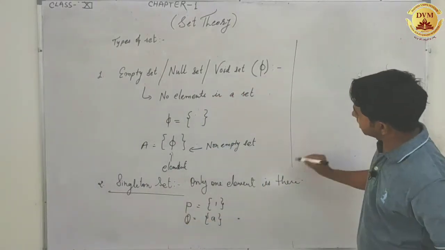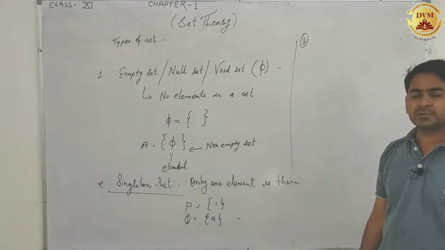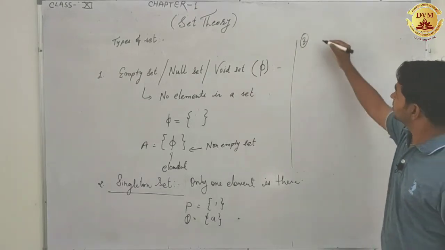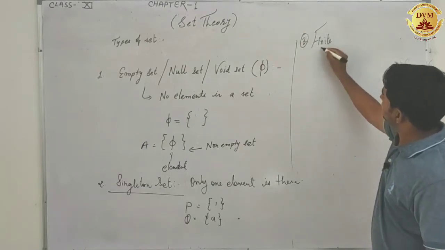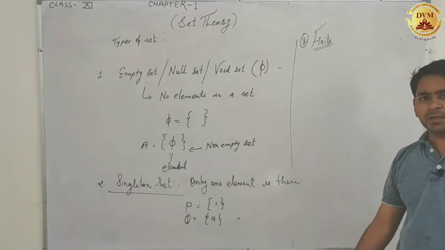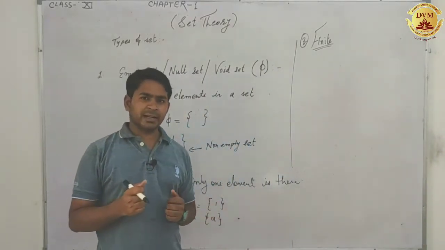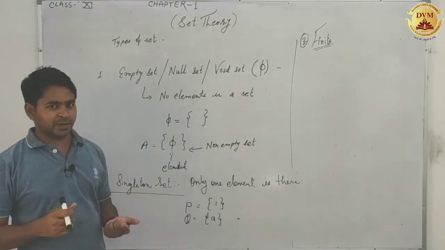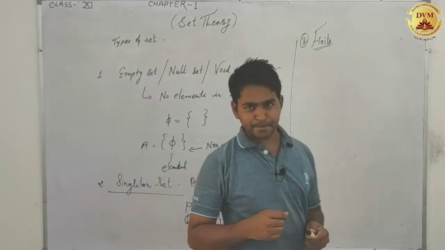Okay, the third type of set is the finite set. It means a set contains a number of elements that can be counted by us.